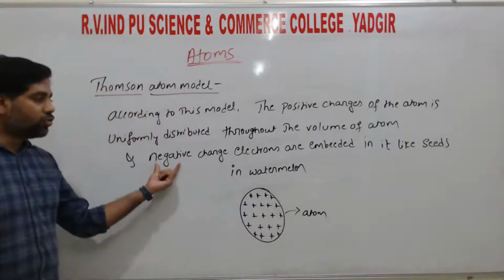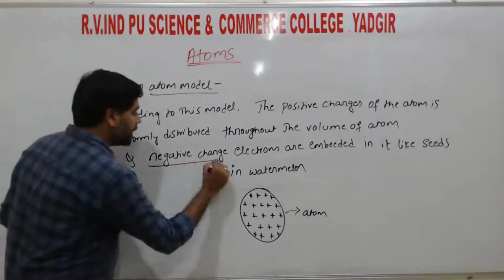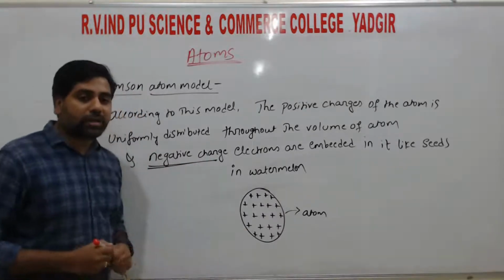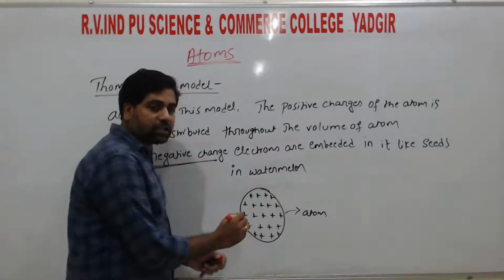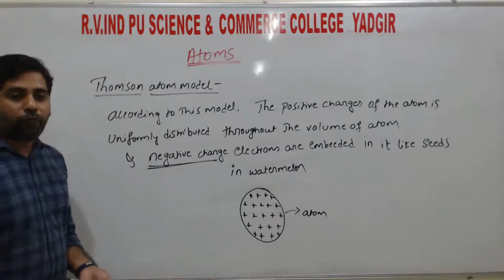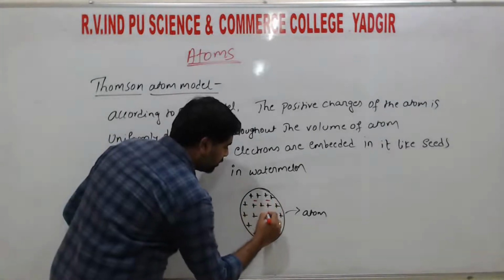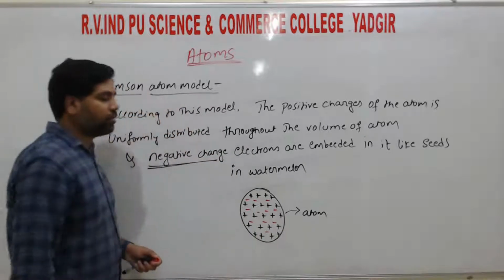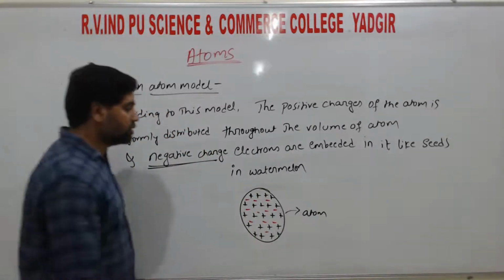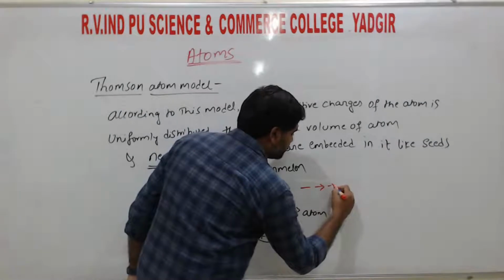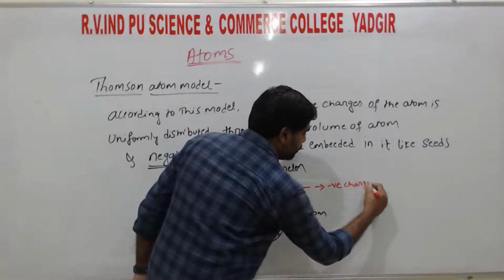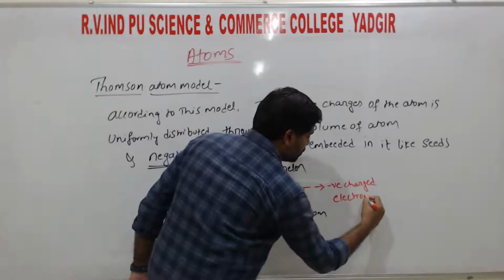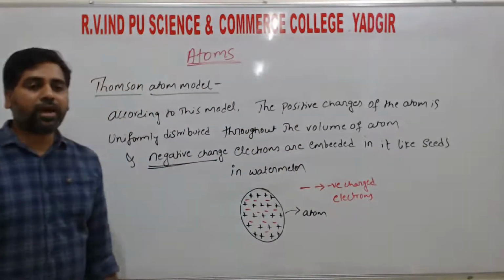Next, the negative charged electrons are present in this atom in the manner of the seeds in the watermelon fruit. Somewhere here, randomly, the electrons are present. Minus represents the electrons, the negatively charged particles.